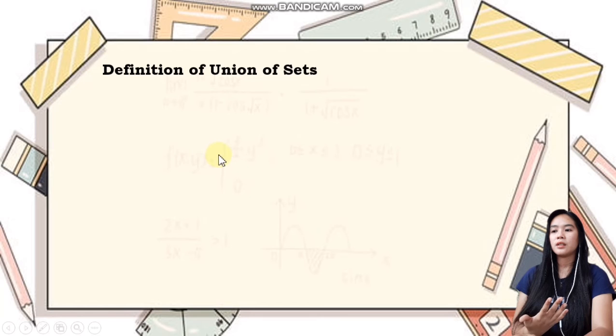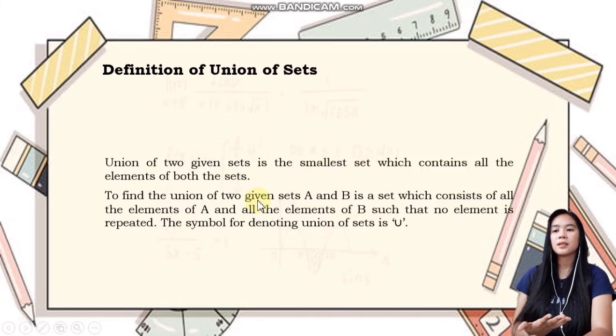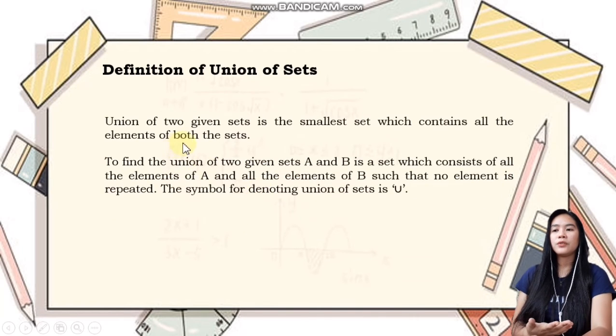So, what is union of sets? Union of two given set is the smallest set which contain all the elements of both the set. To find the union of two given sets, A and B is a set which consists of all the elements of A and all the elements of B such that no element is repeated.